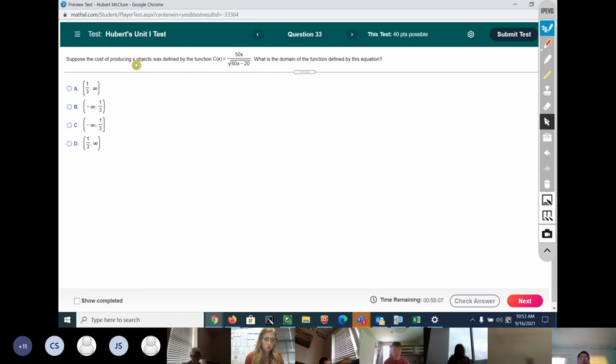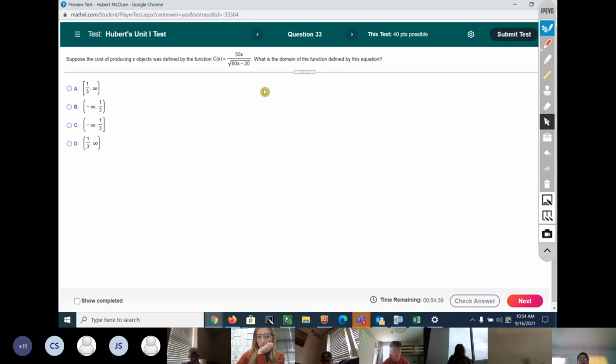Suppose the cost of producing x objects was defined by this function. What is the domain? Set the denominator equal to 0 and find what makes it negative. You cannot take the square root of a what? Negative, and you can't have 0 in the denominator. So your answer is going to be without 0. So you need to set that, let's see, 60x minus 20.